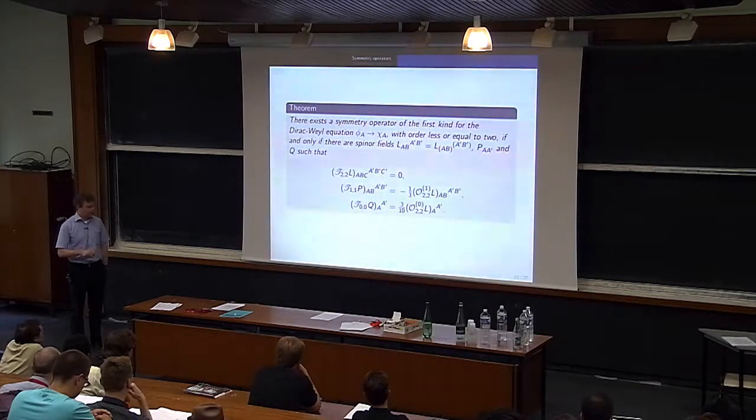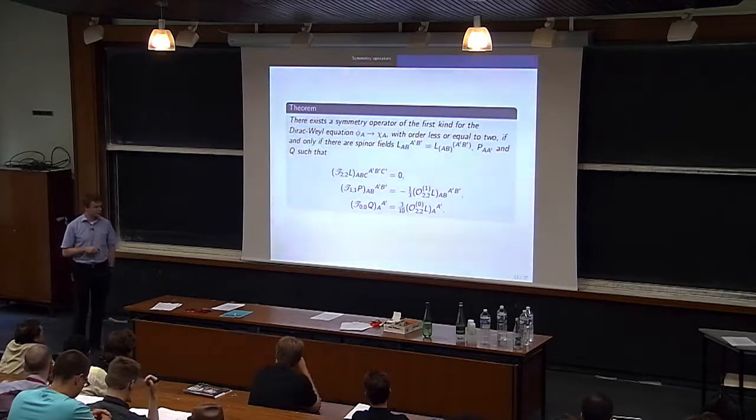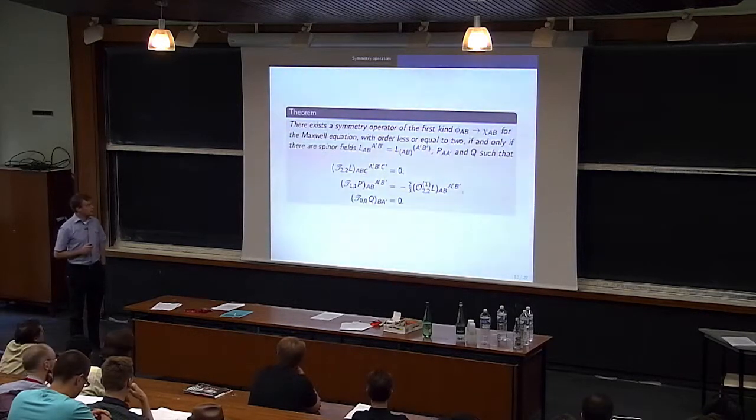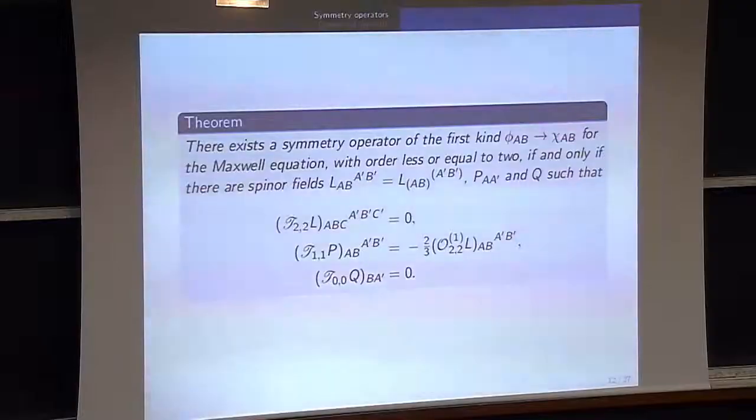I mean, we have different coefficients here, but that doesn't really matter much. For the Maxwell equation, we also get a very similar system. But now the last equation simplifies, so this Q just has to be a constant.